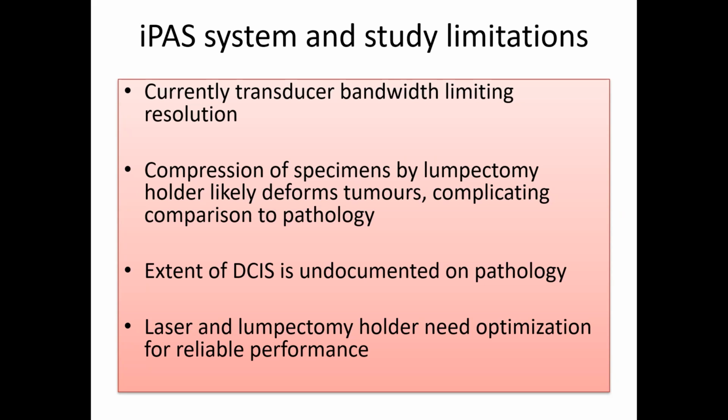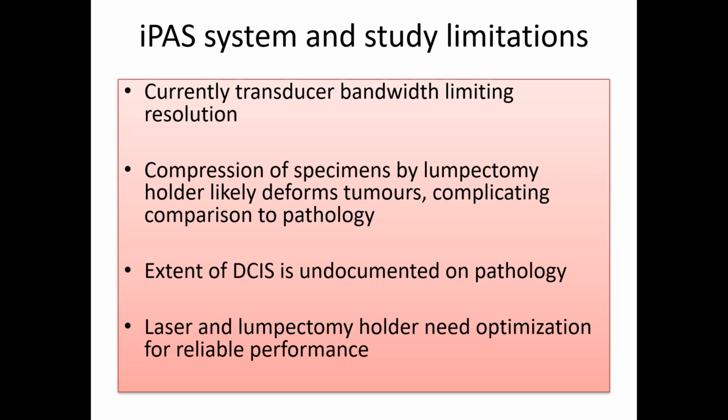So currently the system is unable to offer that, but we believe that looking into resolution so that we are able to detect these fine features by examining our transducer bandwidth would potentially overcome this difficulty.